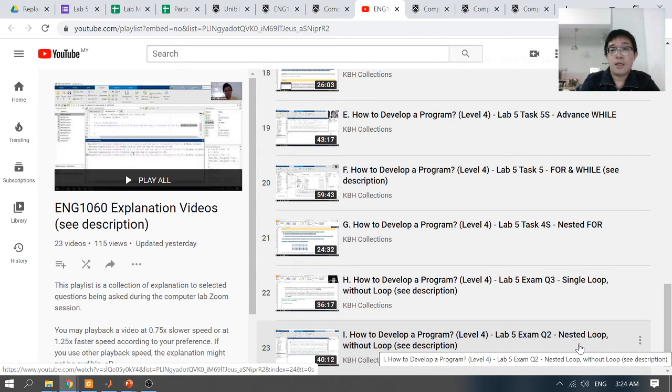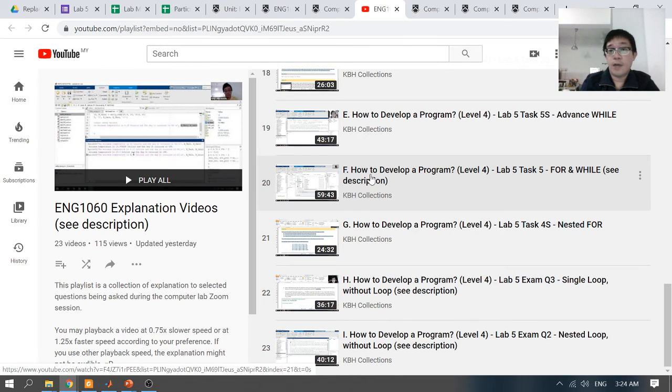Okay, and another video that could be relevant as well is video F. Video F is an explanation on how to develop the program for lab 5 task 5. The useful part of this video for lab 6 task 5 is the manual analysis that I explained for both part A and part B in lab 5 task 5.